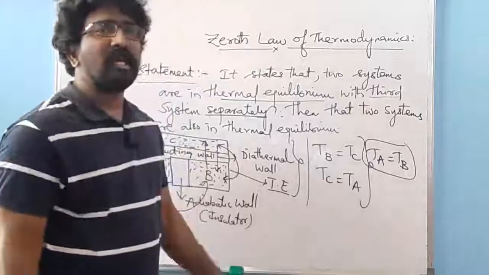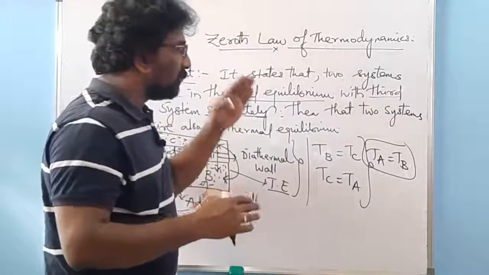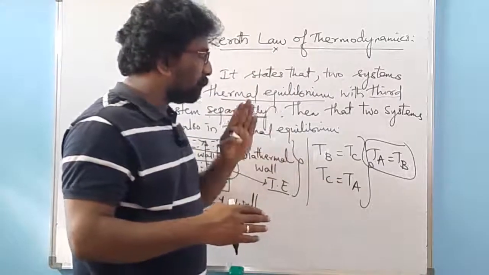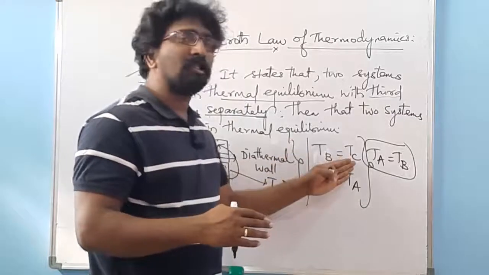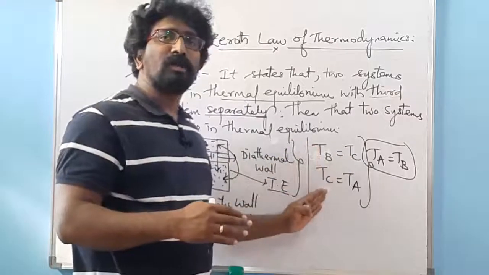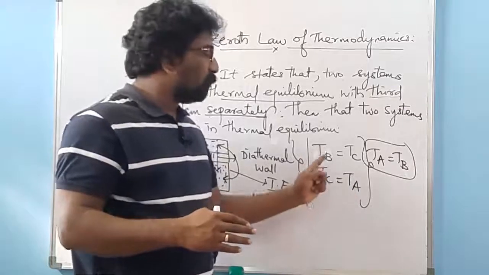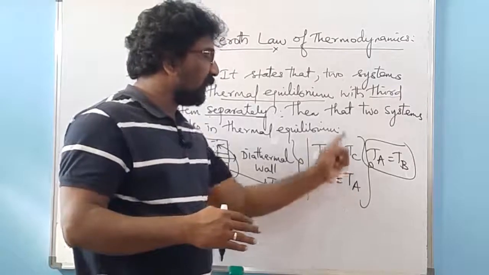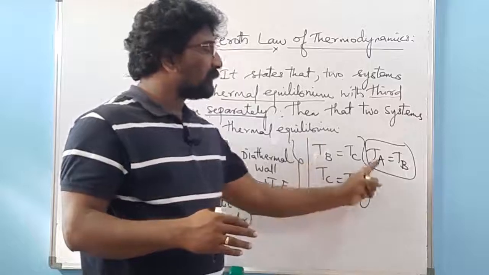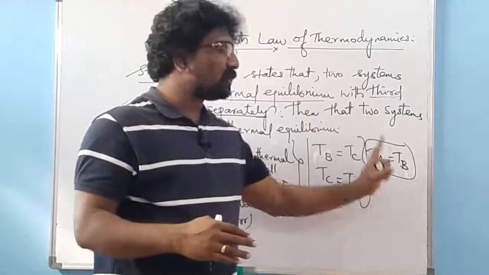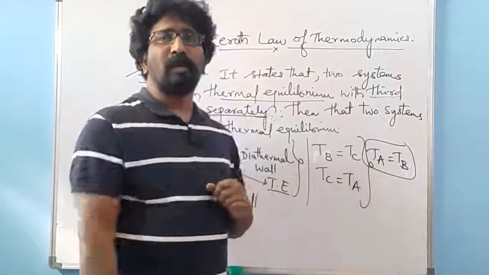So systems B and C are in thermal equilibrium, and systems A and C are also in thermal equilibrium. Then all these temperatures are the same, and automatically systems A and B will also be in thermal equilibrium.